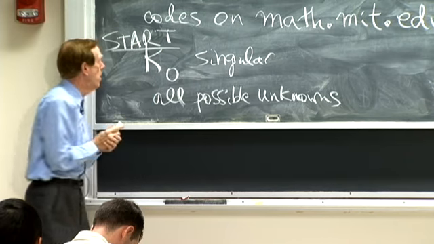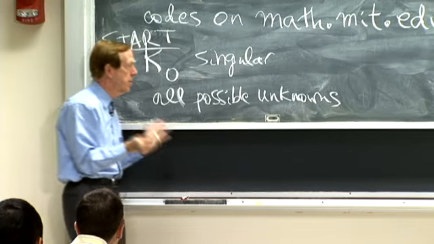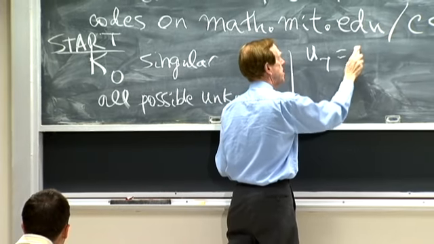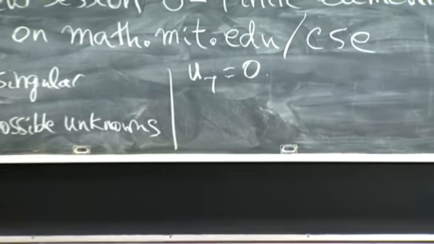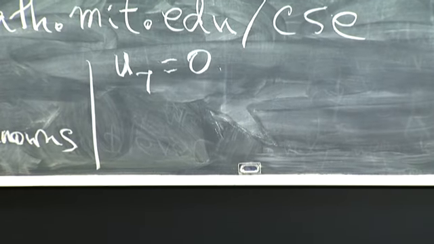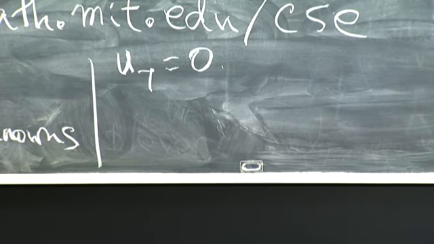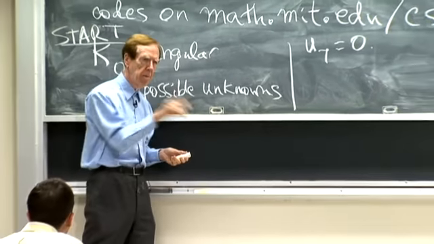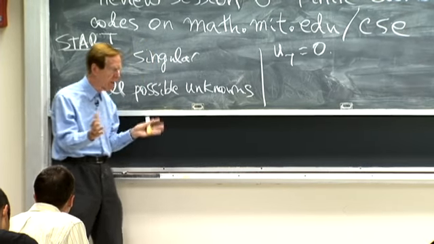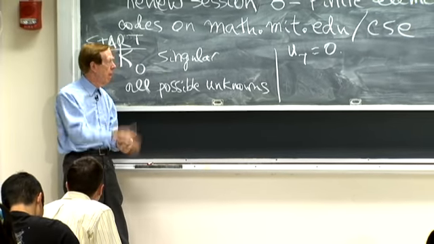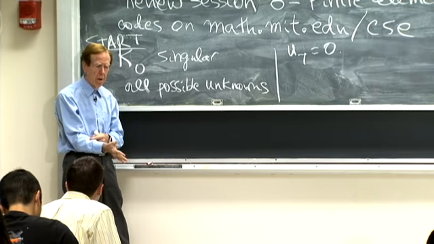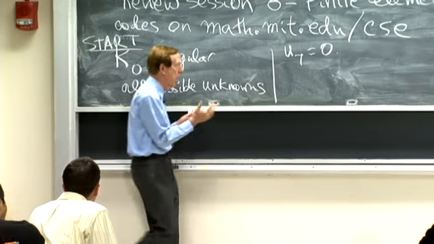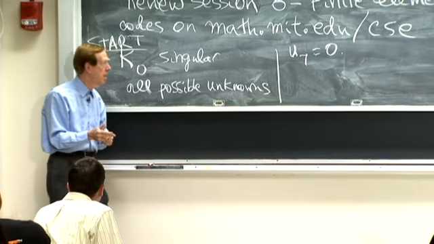Okay. Now, let's take things in order then. Suppose U7 is set to 0. So what will that do to our matrix K? Having created this matrix K, how do we include in it the boundary condition U7 equals 0? Well, that column of the matrix, column number 7, or the column corresponding to that unknown, is going to go.